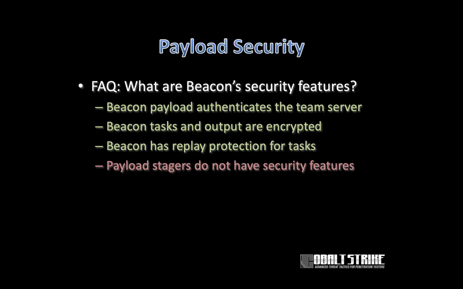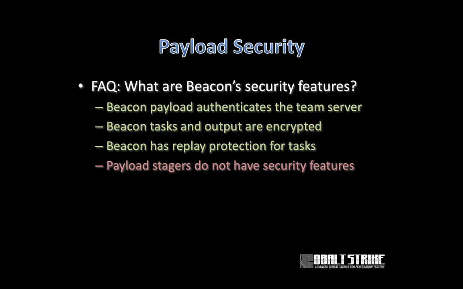I want to cover a topic that is very important background information to have about any tool set that you're using. And that is, what are its security features? I want to cover the security features of the Beacon payload, specifically as they relate to its communication. So here they are.